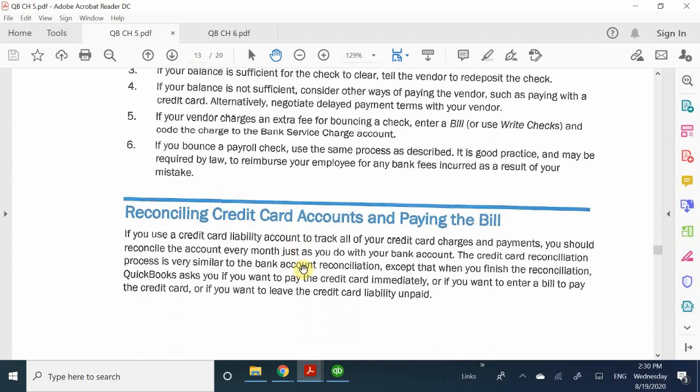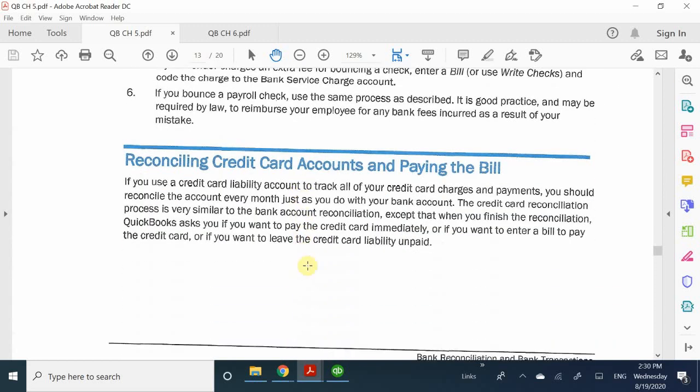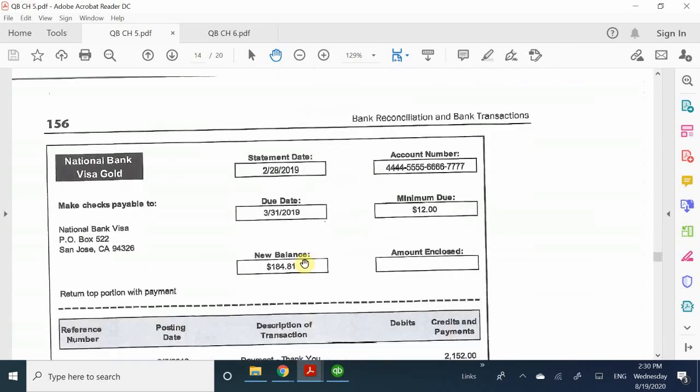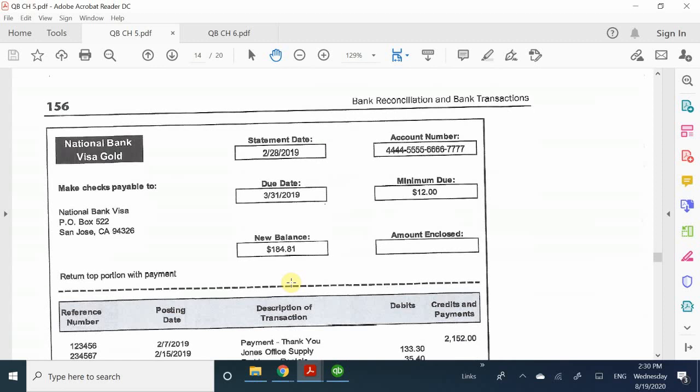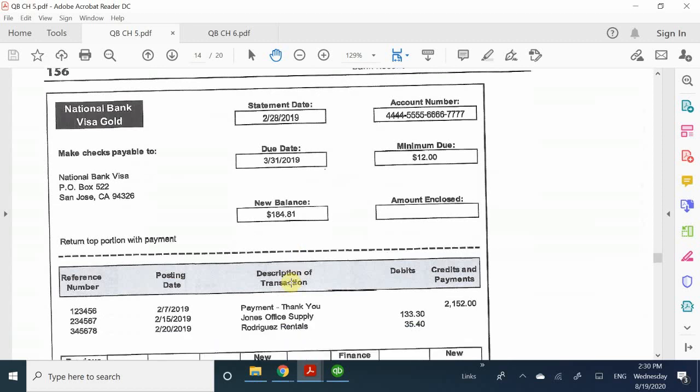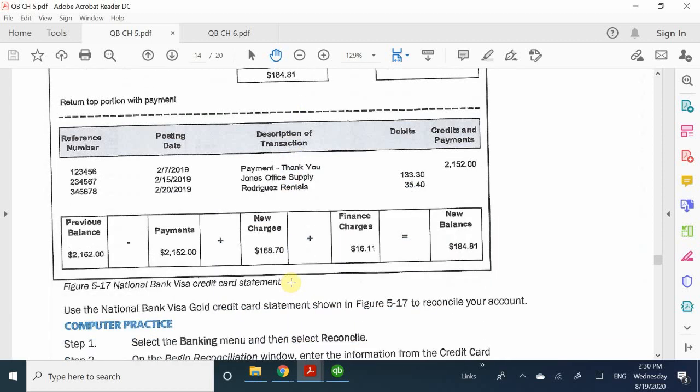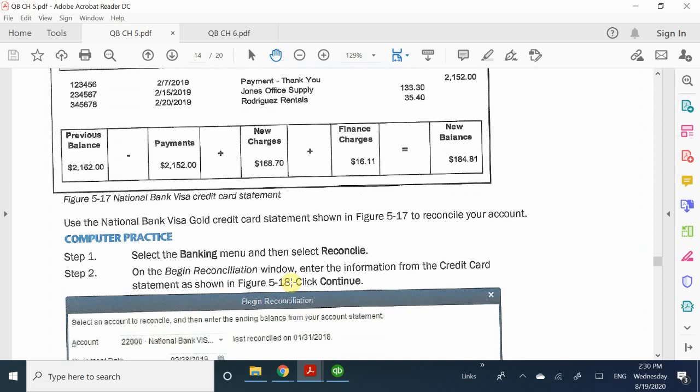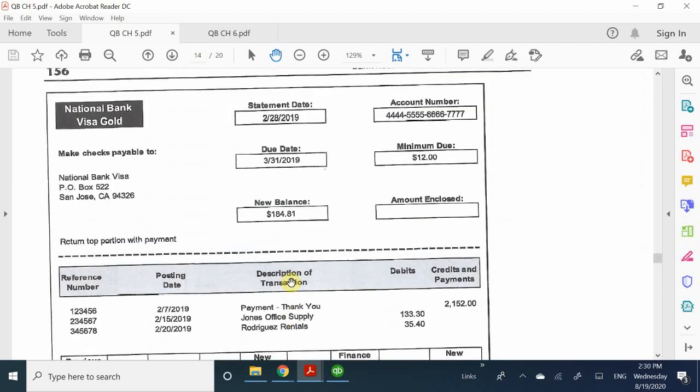All right. The next one is reconciling your credit card statement. Here is your lovely credit card. And guess what? The steps to reconcile a credit card are the same.